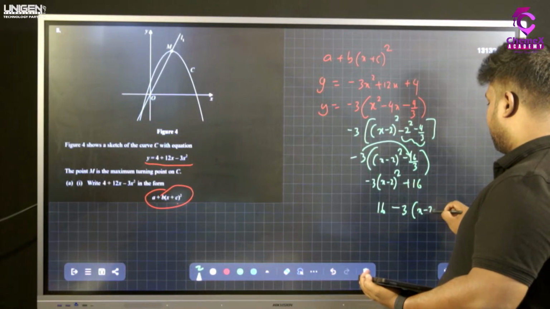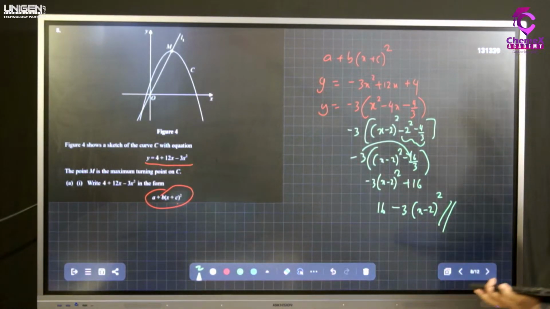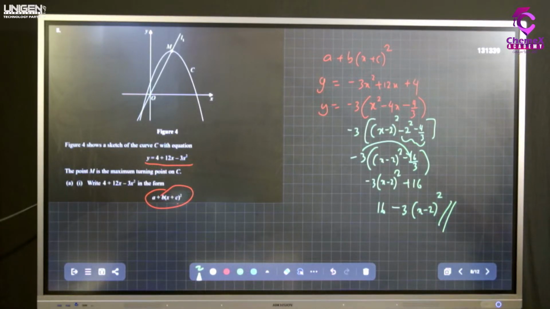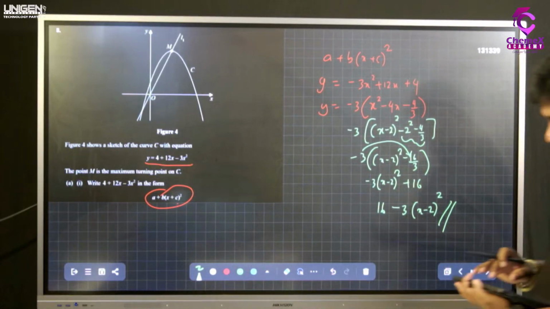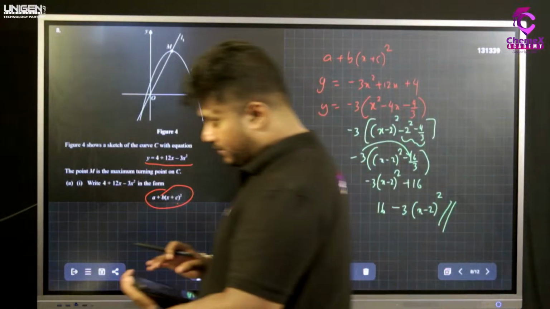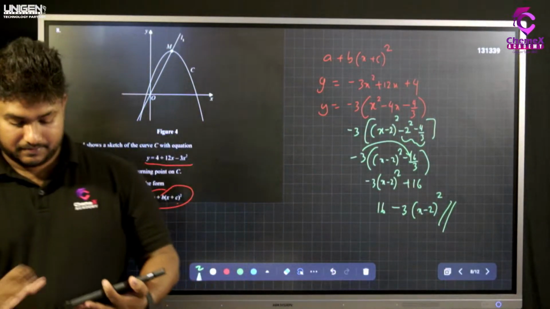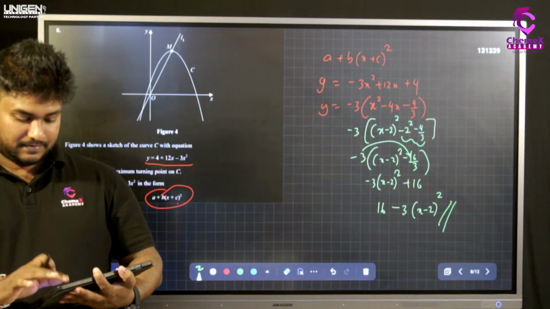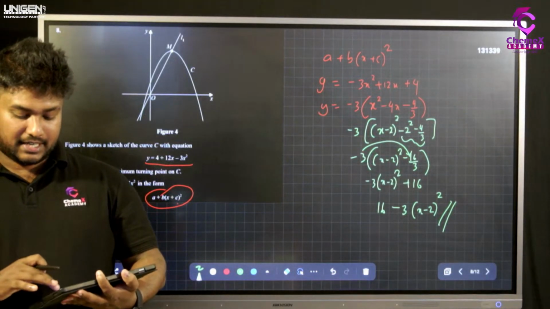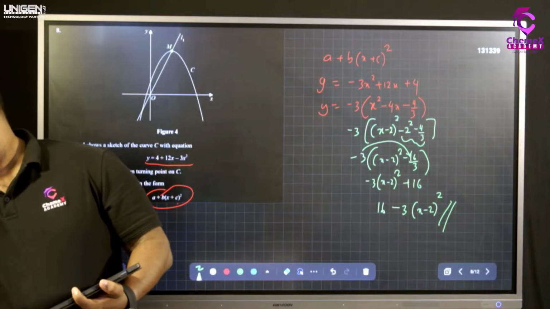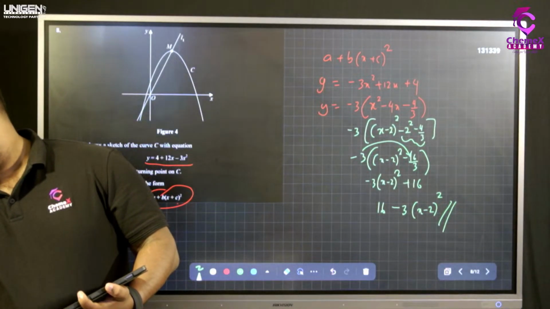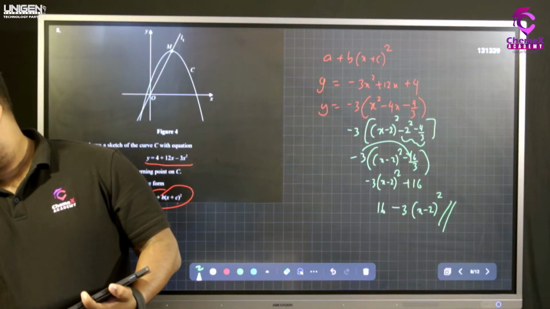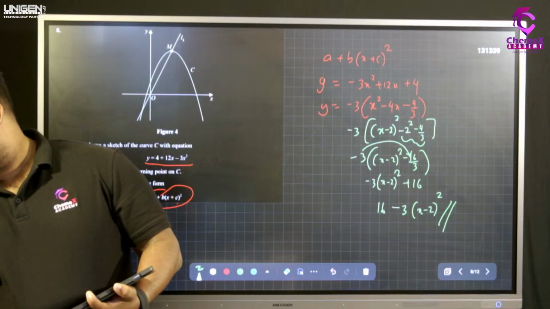Take the 16 to the front and write. Any questions with that? How I got the answer? Any questions? Now looking at this, can someone say what is the turning point? Because that is all enough to find the turning point.